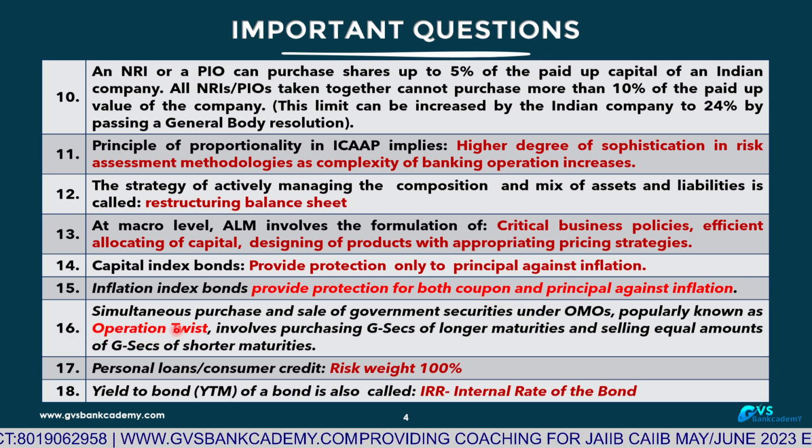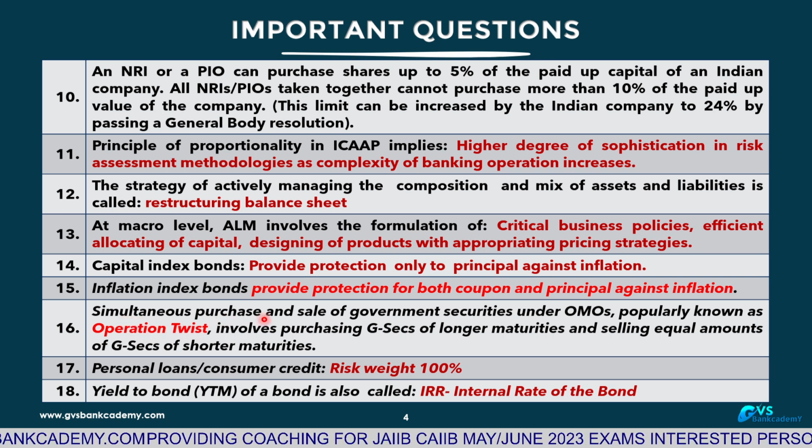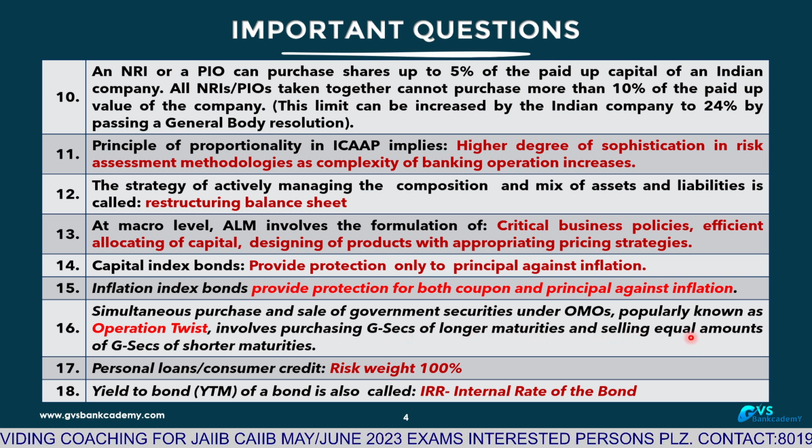16. Very important. Simultaneous purchase and sale of government securities under open market operations by RBI, popularly known as Operation Twist, involves purchasing government securities of longer maturities and selling an equal amount with shorter maturities.